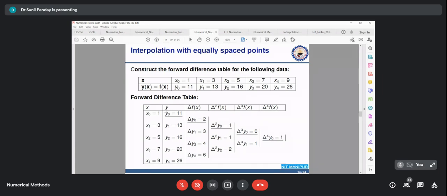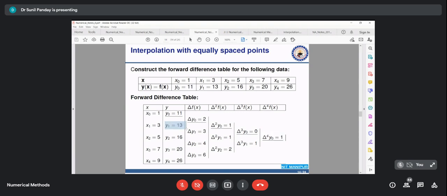So here you can see that I have underlined these values, because if we are creating the forward difference table, then these values are important to us. If this one is y0, the first value of this column is the first forward difference of y0, this is the second forward difference of y0, this is the third forward difference of y0, and this is the fourth forward difference of y0.